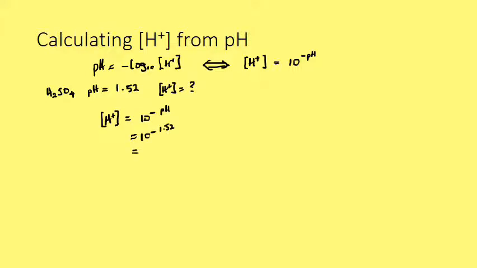We feed that into our calculator, and that's going to come out at 0.030 mole per decimeter cubed. And the alternative way of writing that is to just write it as 3.0 times 10 to the minus 2 moles per decimeter cubed.